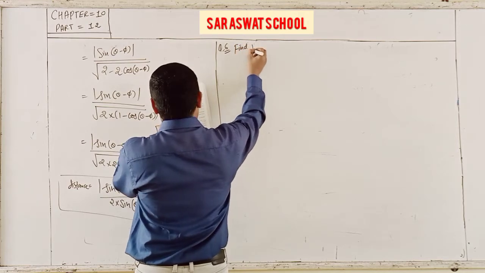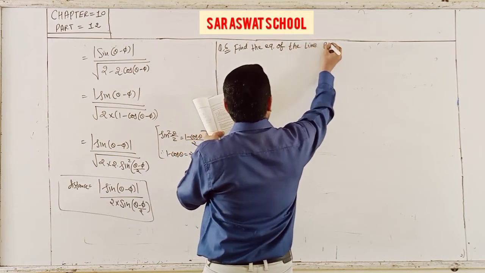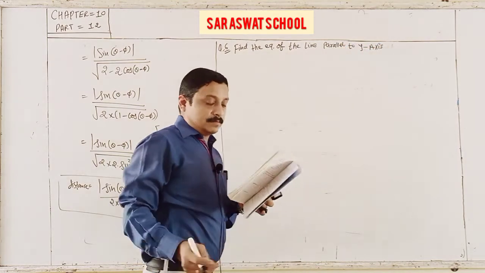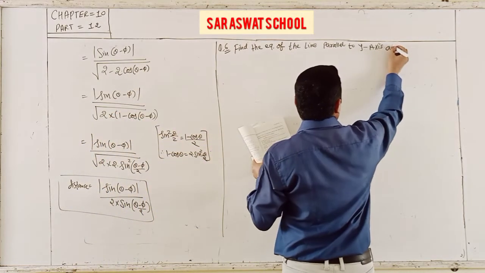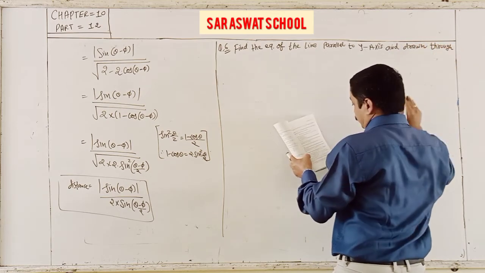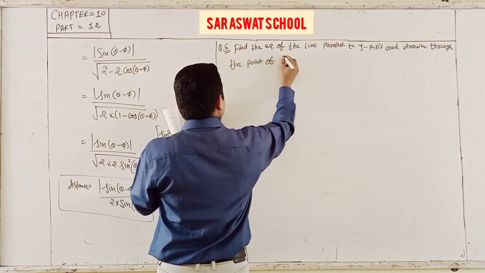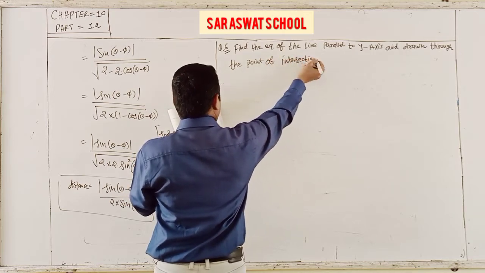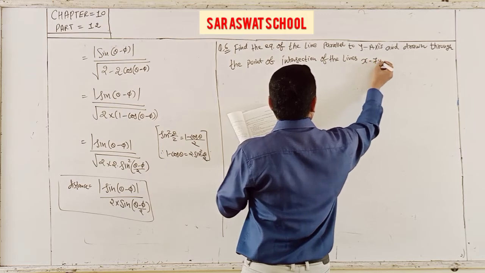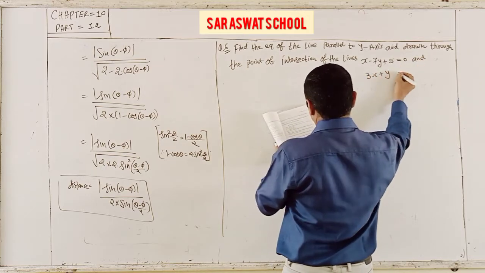Find the equation of the line parallel to y-axis and drawn through the point of intersection of the 2 lines x minus 7y plus 5 is equal to 0, and second 3x plus y is equal to 0.